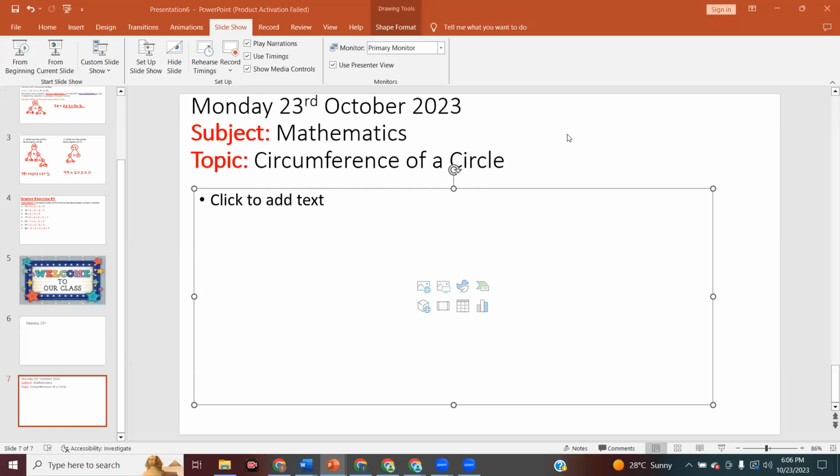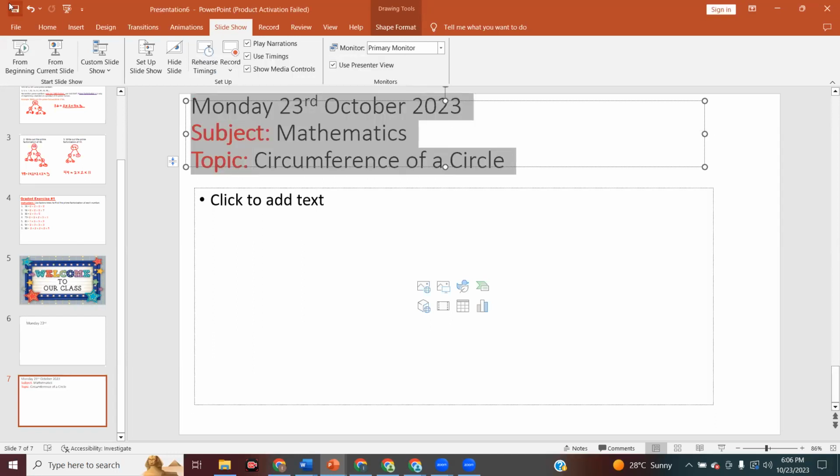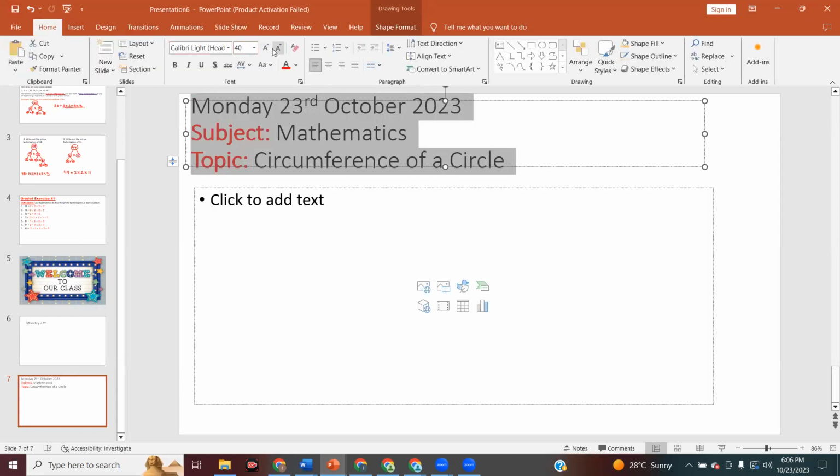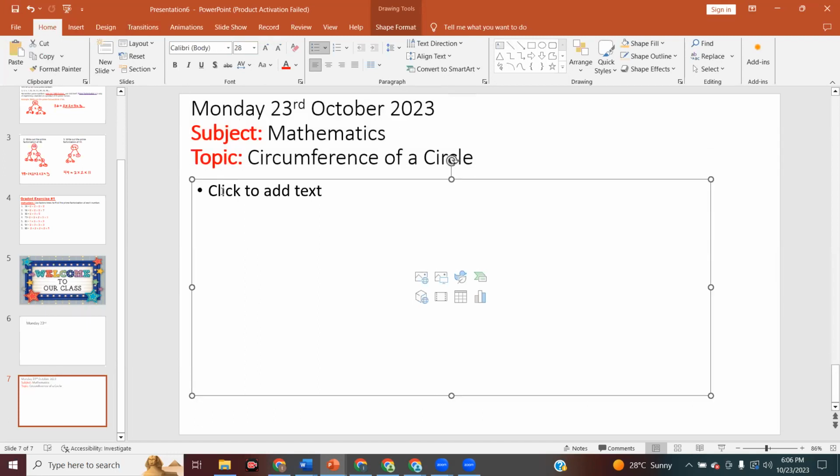Perimeter is the distance around an object, right? And we can find the perimeter of an object by adding all the sides, okay?